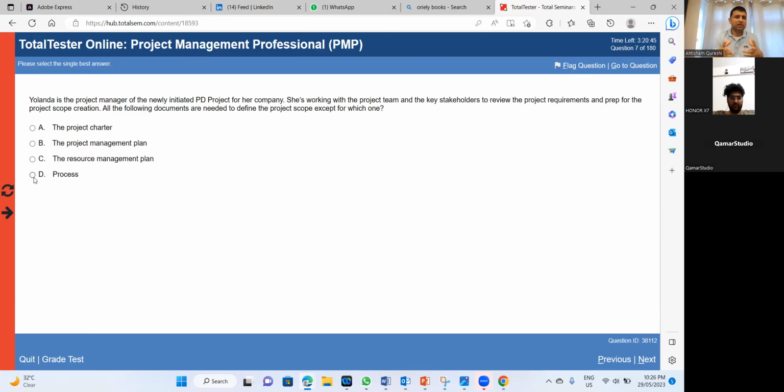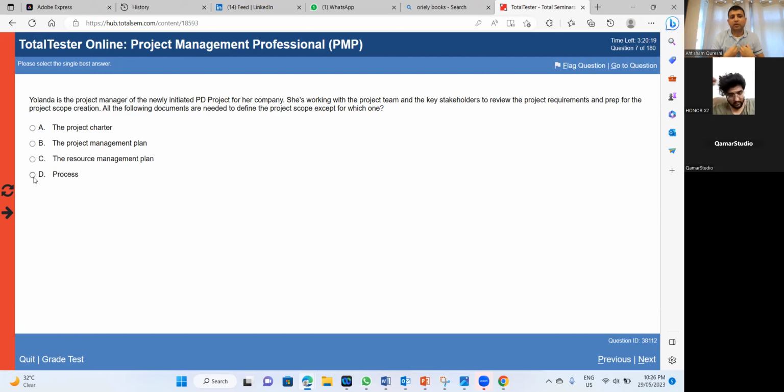It is not dependent on how I will achieve it, like who will do the job. My resource management plan will come according to my defined scope. So I do not need to have a resource management plan first, and then go for my scope creation.